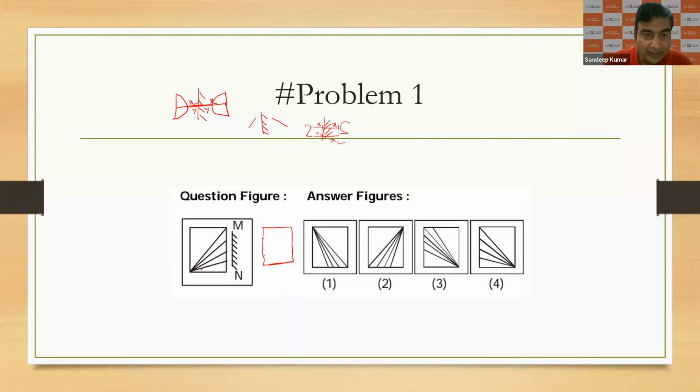All these converge at this point, and this point is represented here. So what we need to do is find an option in which all the points converge and which looks something like this. There is only one figure which is more or less the same. So the fourth one is the correct answer.